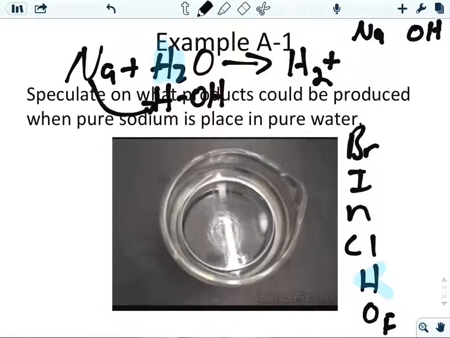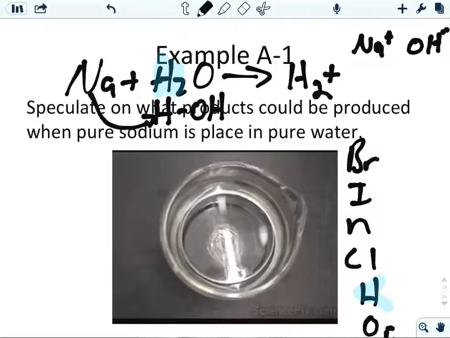It's an ionic compound. We need to crisscross. So sodium is going to have a positive 1 charge. Hydroxide is going to have that negative 1 charge. So we crisscross the 1s and we get NaOH. Okay. From here, we would go ahead and we would balance it out.